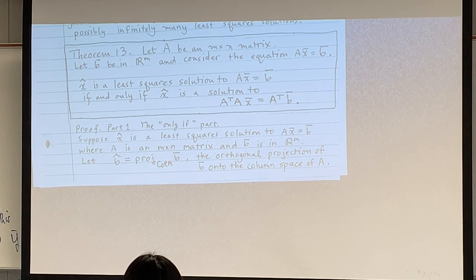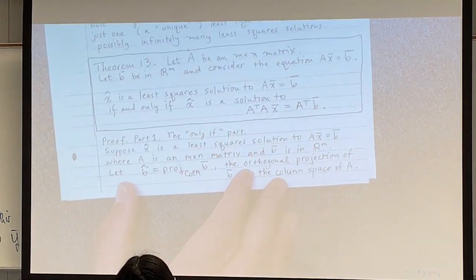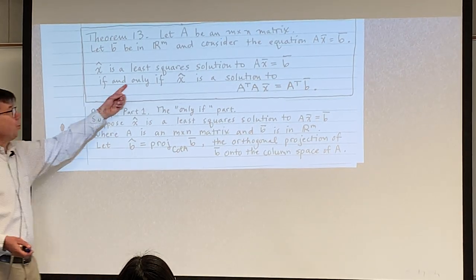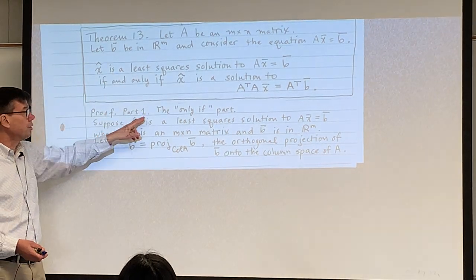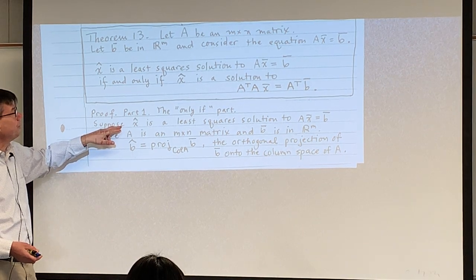All right, so let's talk about the proof of that statement, and then we'll apply that formula. It's an if and only if, so you have to show the implication in both directions. The only if part means we start out assuming x hat is a least squares solution.